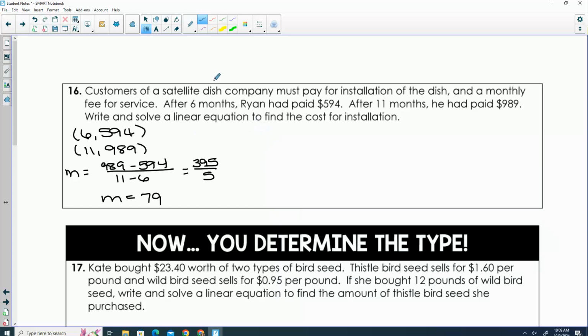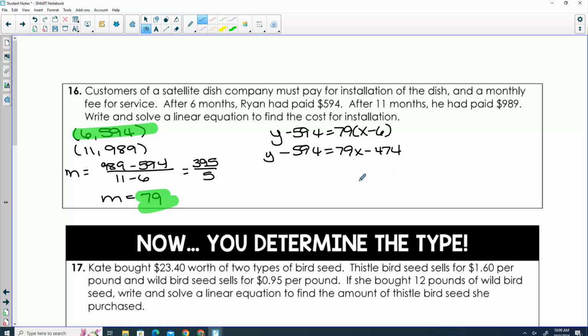Okay, so then we pick one of our points and our slope, and we plug in y minus y1 equals m times x minus x1. Y minus 594 equals 79x minus 474.